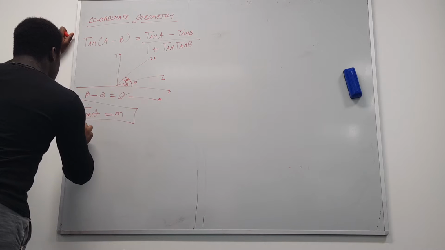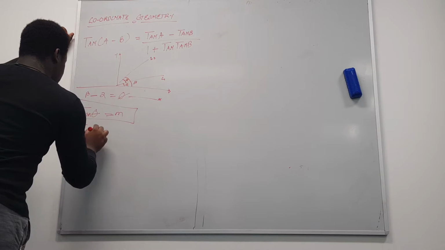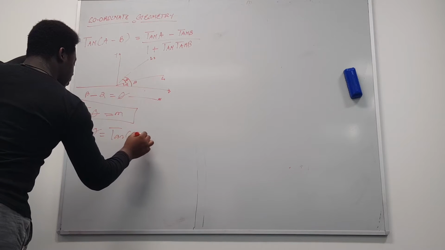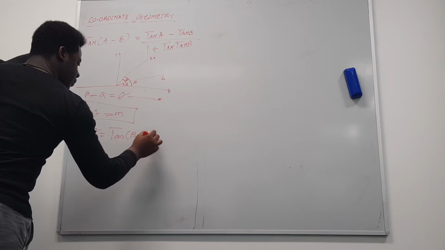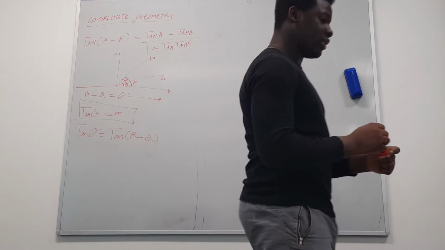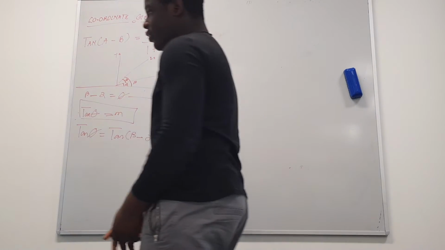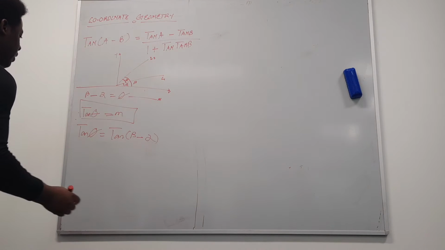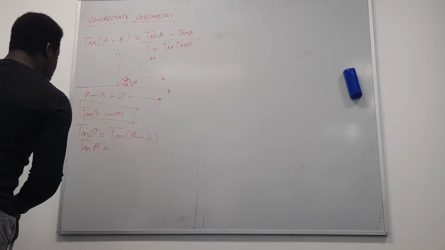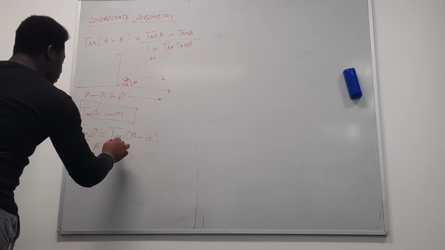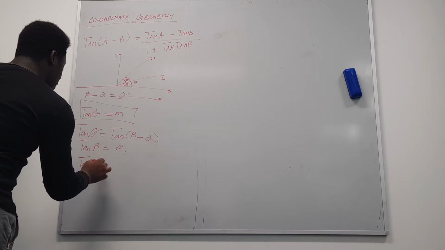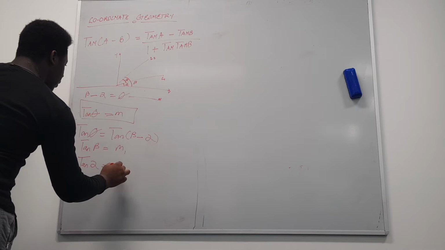So we know tan of phi is equal to tan of beta minus alpha. We could explicitly express tan of beta minus alpha as this, but before we do that, I need you to note some other things down. That tan beta is equal to the slope of L1, and tan of alpha is equal to the slope of line 2.